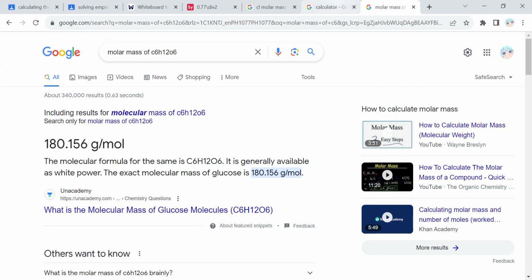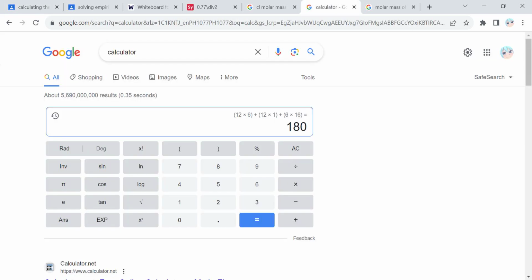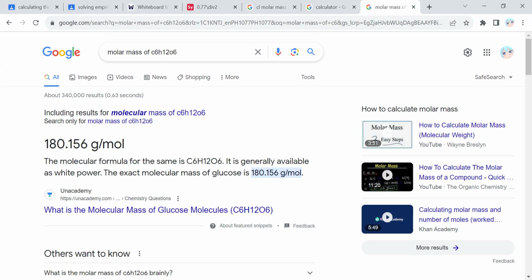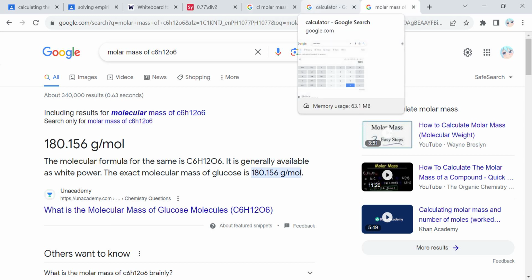So let's try answering with the value rounded off. You can also try answering with the value not rounded off. Again, it just depends on what is written on the test paper.